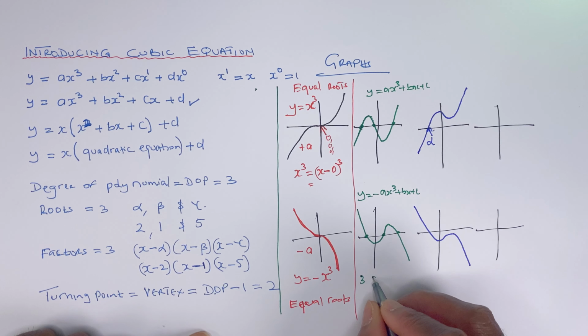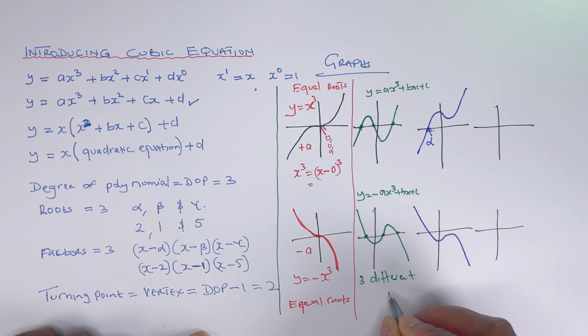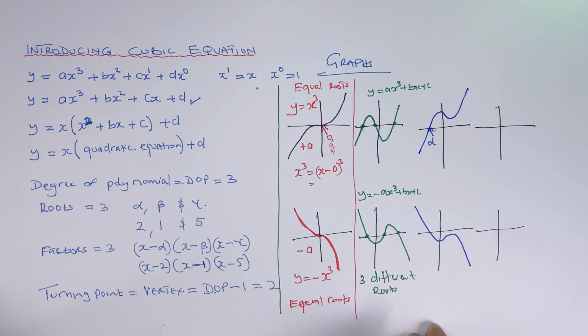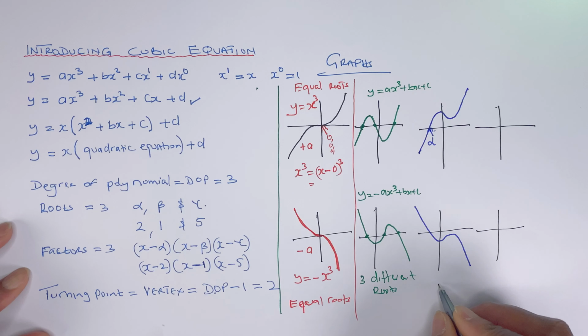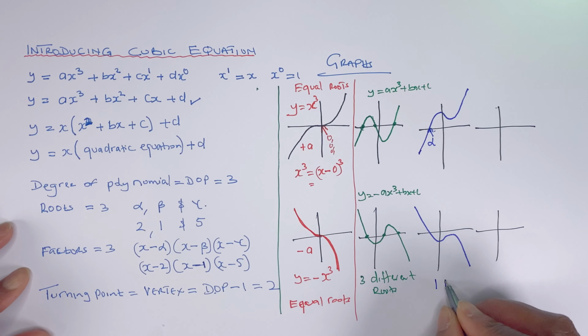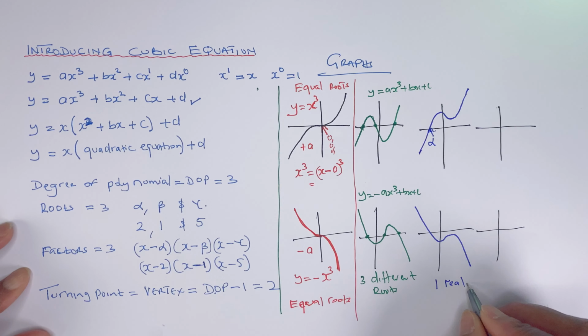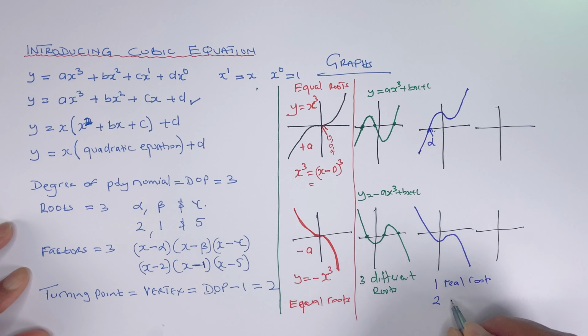With the blue one, you've got 1 real root and 2 complex roots.